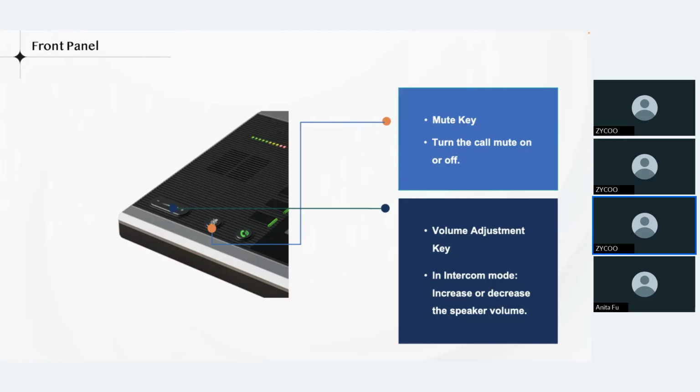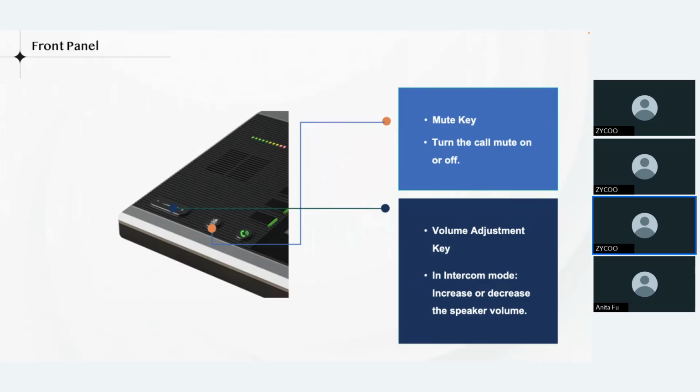In the intercom mode, you can use it to increase or decrease the speaker volume, allowing you to control audio output without affecting other settings. It is especially useful in noisy environments or in broadcasting announcement scenarios.